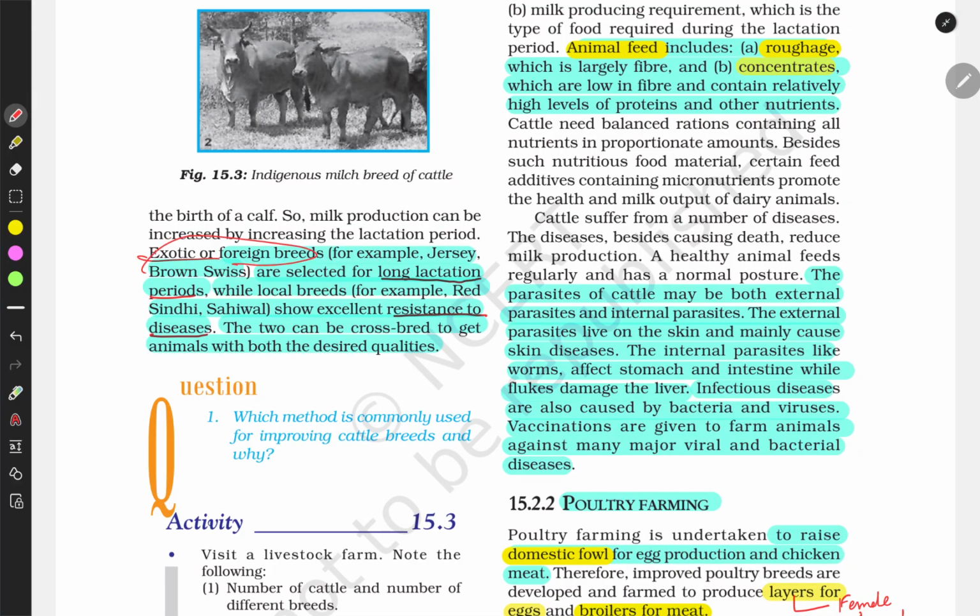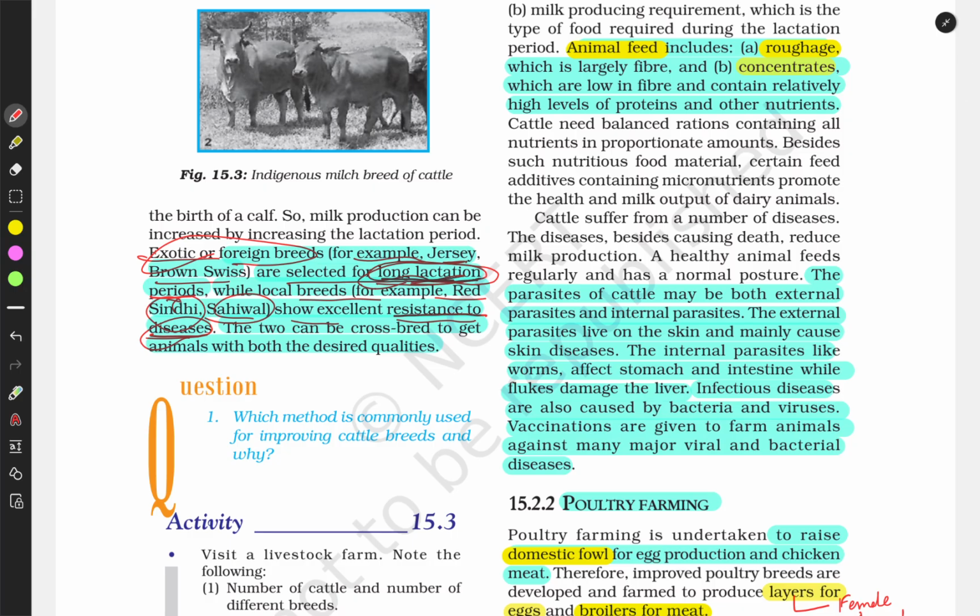Exotic breeds are the foreign breeds. For example, Jersey and Brown Swiss are foreign breeds. They are selected for a long lactation. So they have the characteristic of lactating for a longer period. They give milk for a comparatively longer period compared to our desi cows. While local breeds like Sindhi and Sahiwal show excellent resistance to disease because they have evolved in the Indian climate.